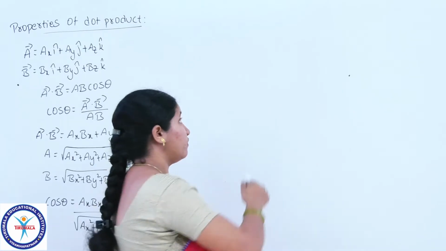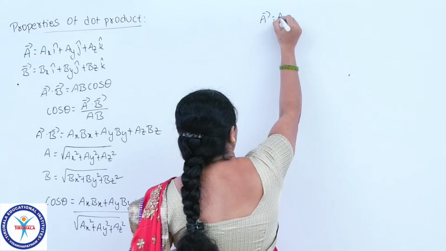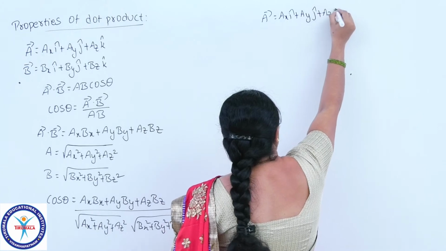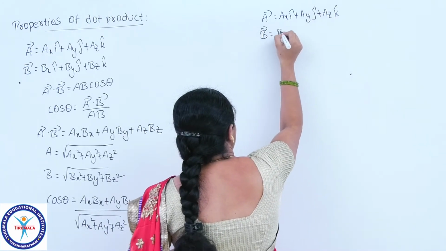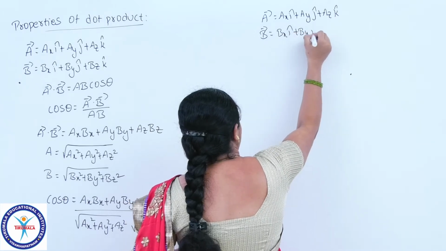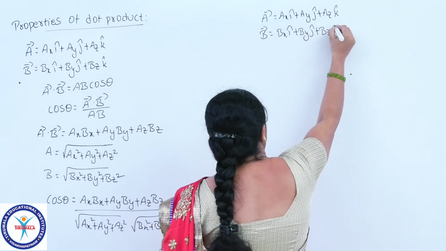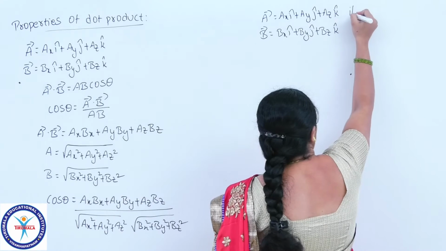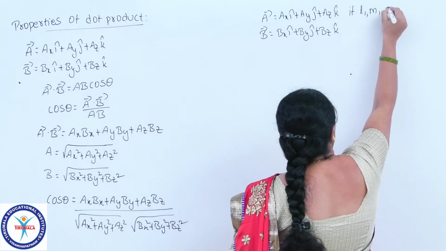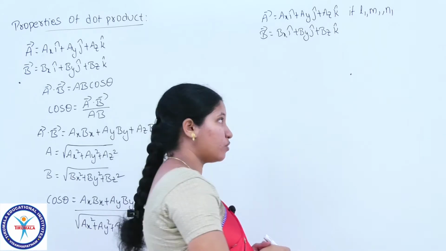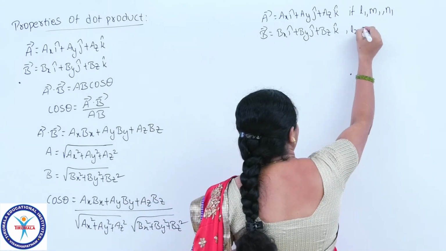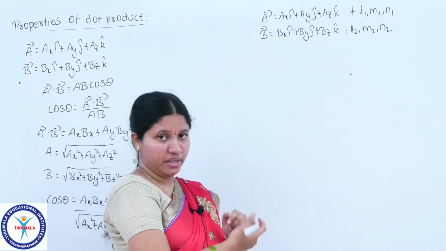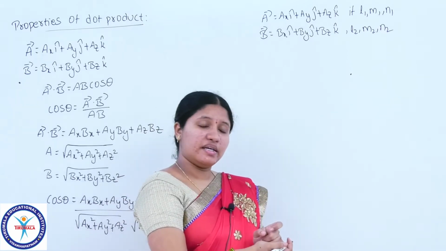If the same two vectors, that is A bar is equal to Ax i cap plus Ay j cap plus Az k cap, and B bar is equal to Bx i cap plus By j cap plus Bz k cap, if L1 M1 N1 are direction cosines of A bar and L2 M2 N2 are direction cosines for vector B bar, then how can we write? Let us see now.